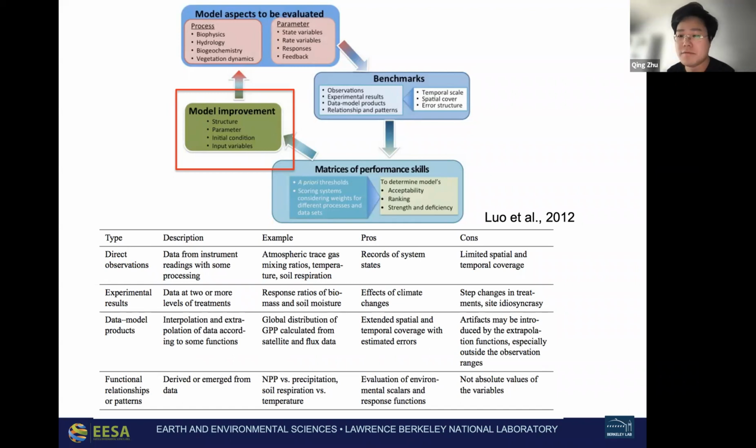And also the input variables, sometimes they are biased, for example the climate forcing, and see how much uncertainty is coming from that part. With this model improvement done, we can go back to the process-based model and see how much improvement we can actually make at the process level. Then the whole cycle will work very effectively.